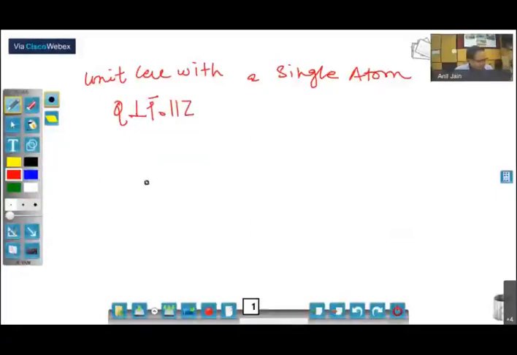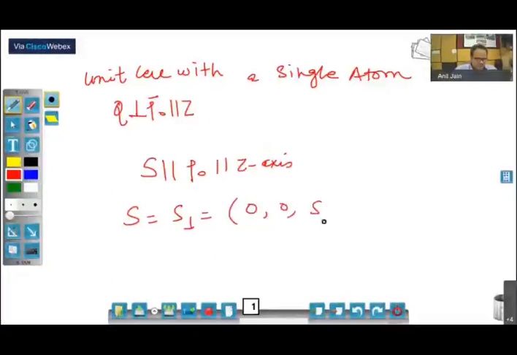Let me also assume that S is parallel to P naught, which is parallel to the Z axis. So your S is along the Z axis. One can easily see that in this case S equal to S perp equals 0, 0, S perp of Z, and S perp of X I am assuming 0.